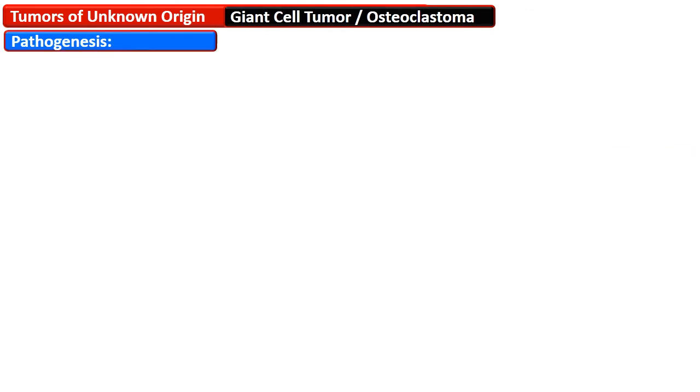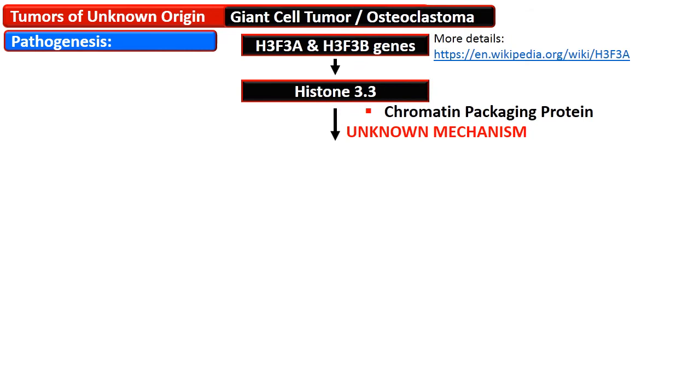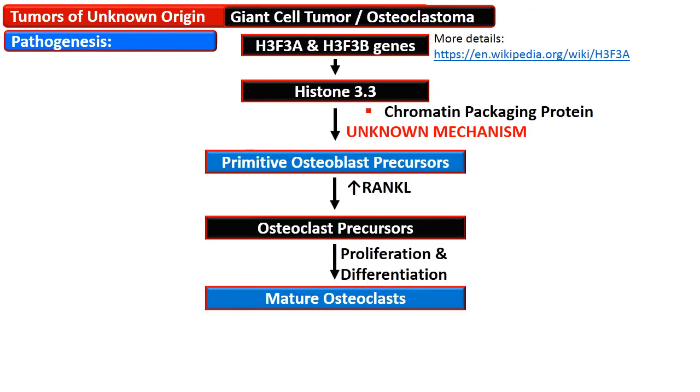The giant cell tumors or osteoclastoma are composed of two types of cells. One is the non-neoplastic osteoclasts and another is the neoplastic primitive osteoblast precursors. There is a mutation in the H3F3A and H3F3B genes which encode histone 3.3, and these histone 3.3 are chromatin packaging proteins.